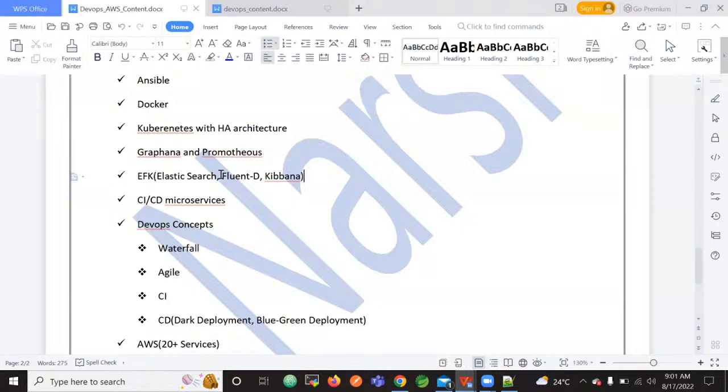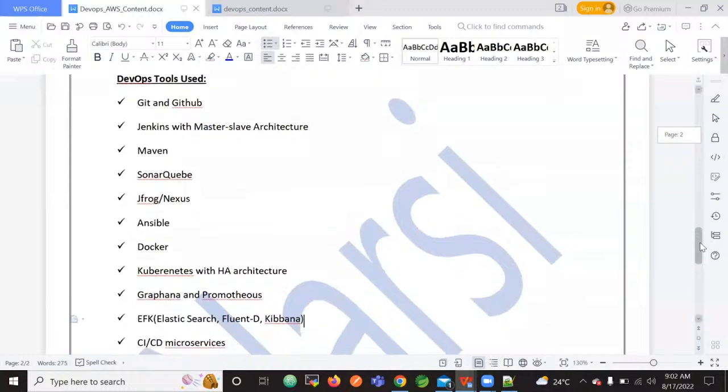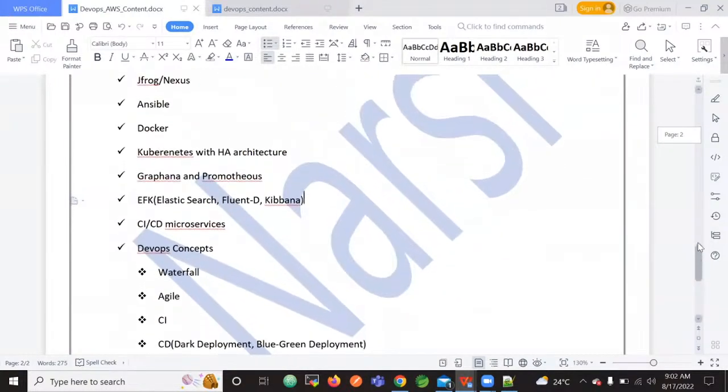In place of Logstash, we are taking Fluentd because we are using Kubernetes. Kubernetes pods are easily integratable with Fluentd. That is the reason. Fine. So these are the AWS and DevOps tools that we will use throughout our course content.